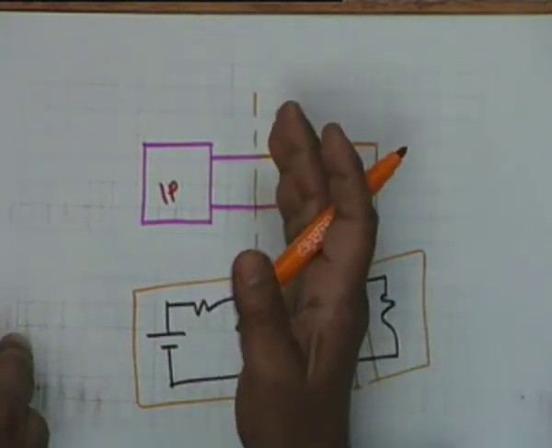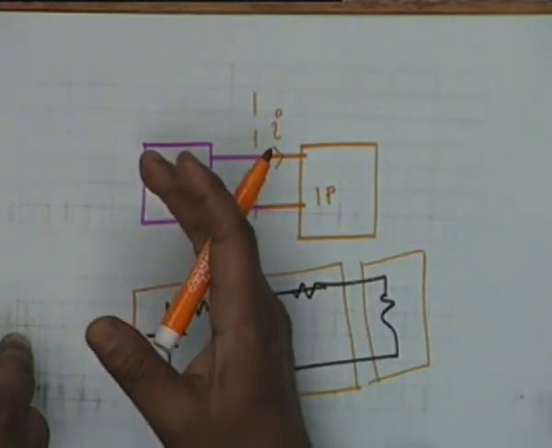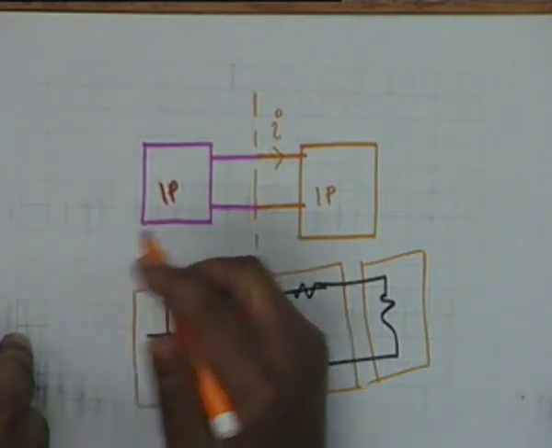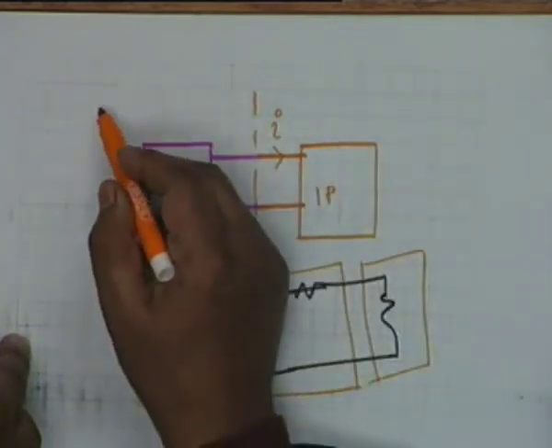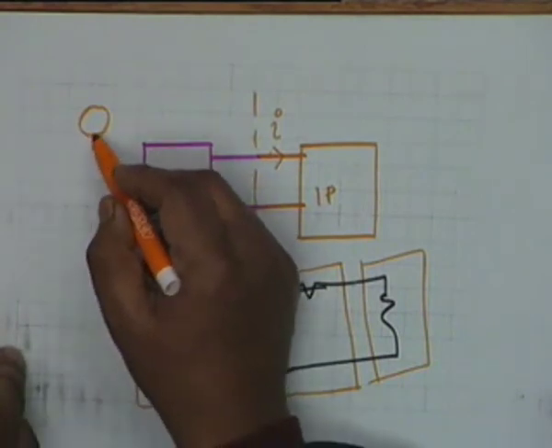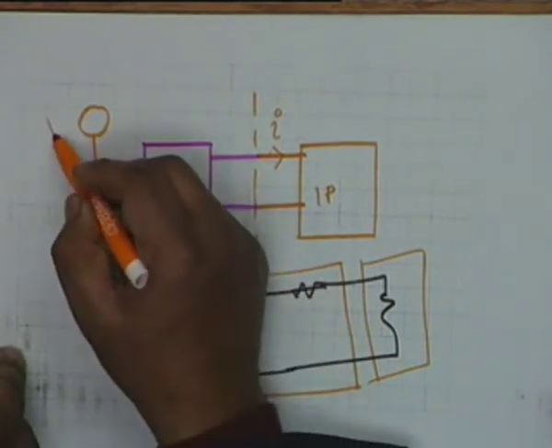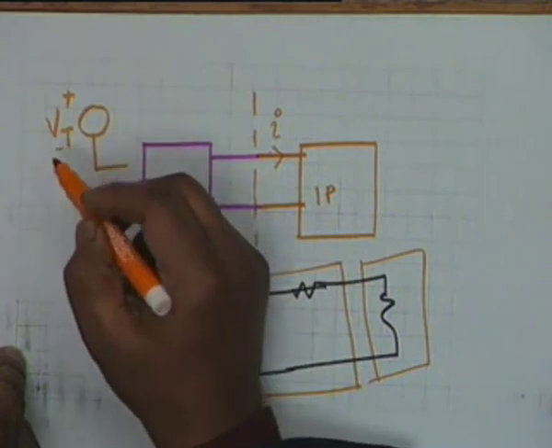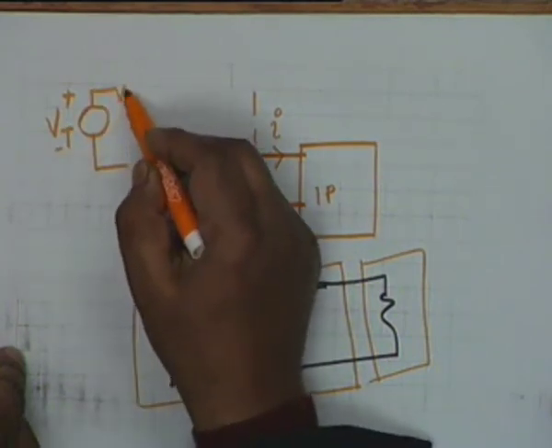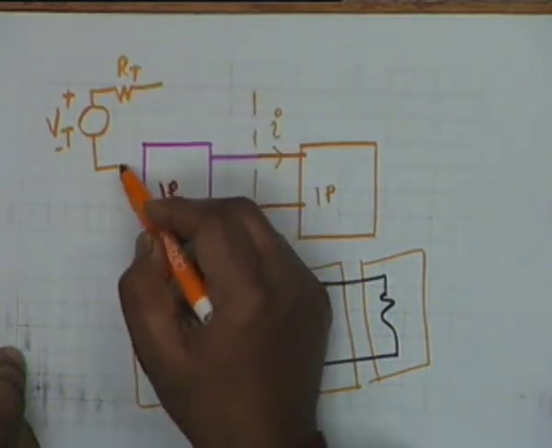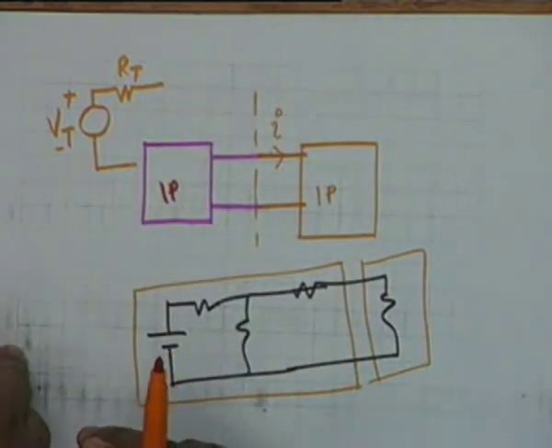The one port to the left can be replaced by an equivalent circuit, and this circuit consists of a voltage generator Vt in series with a resistance Rt. You understand what I mean?